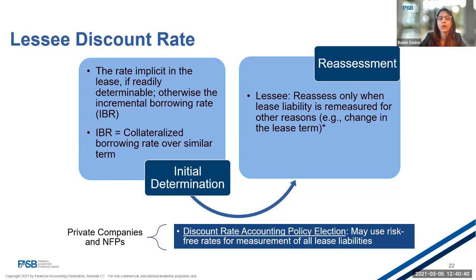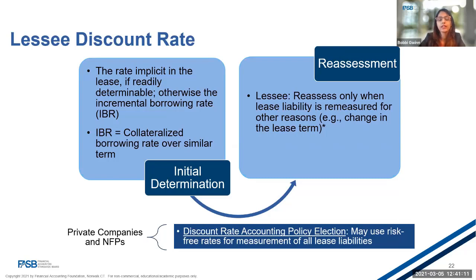In practice, both under 840, the previous GAAP, as well as 842, lessees are generally not able to determine the rate implicit in the lease because they're not privy to the lessor assumptions necessary to calculate that rate, for example, the lessor's initial direct cost or expected residual value from the asset. So in practice, lessees, both under previous GAAP and under current 842, default to using their IBR.